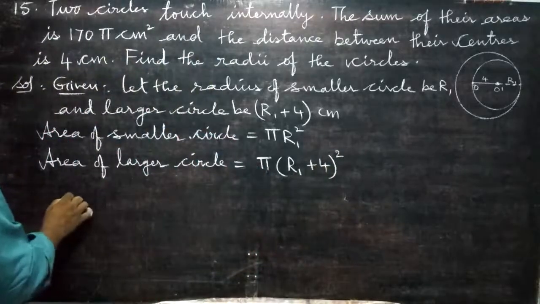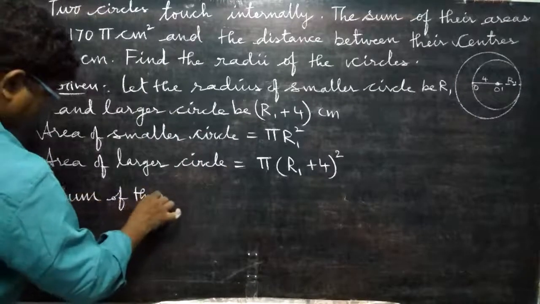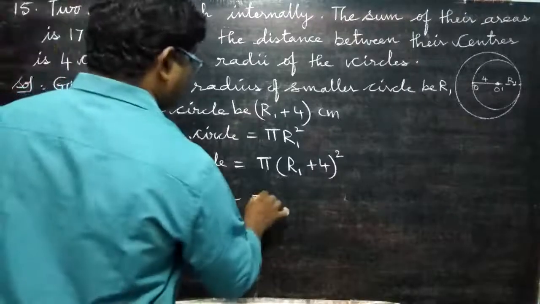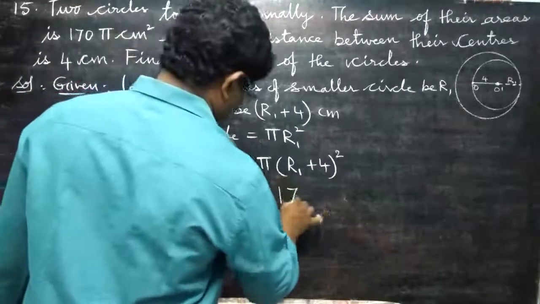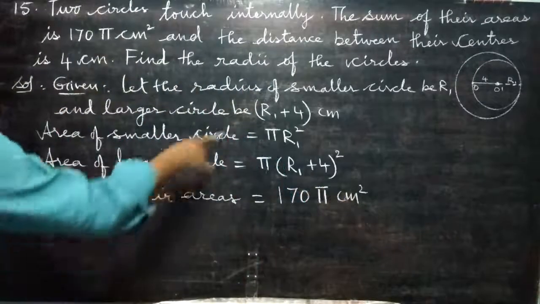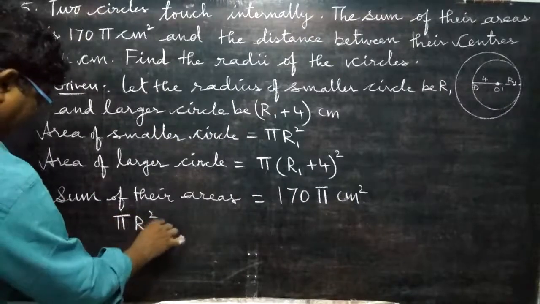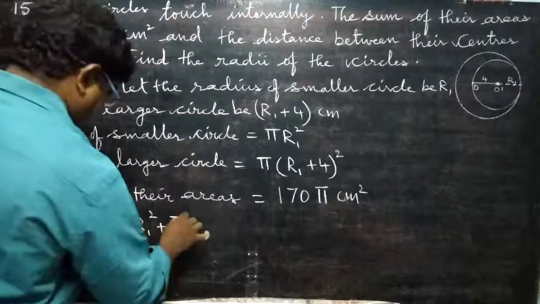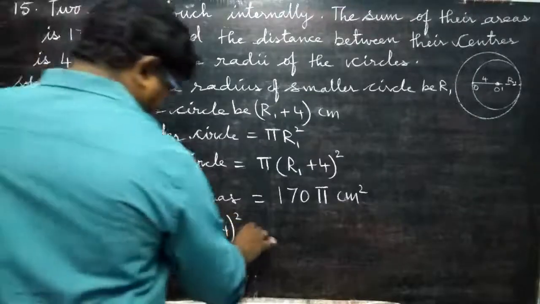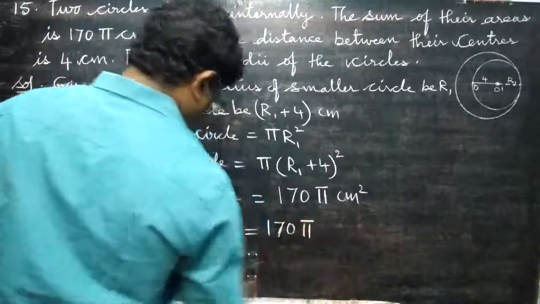Now in the problem they have given the sum of their areas is equal to 170 pi centimeter square. Sum means what? Addition. Pi capital R1 square plus pi capital R1 plus 4 whole square is equal to 170 pi.